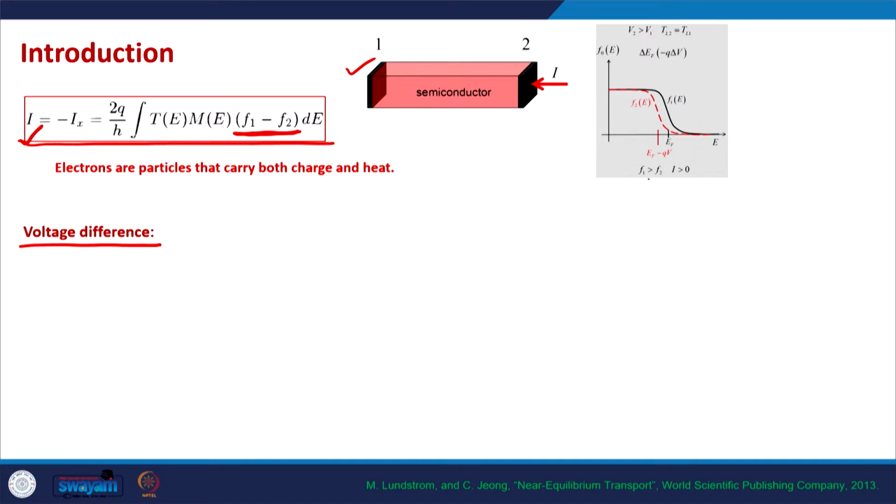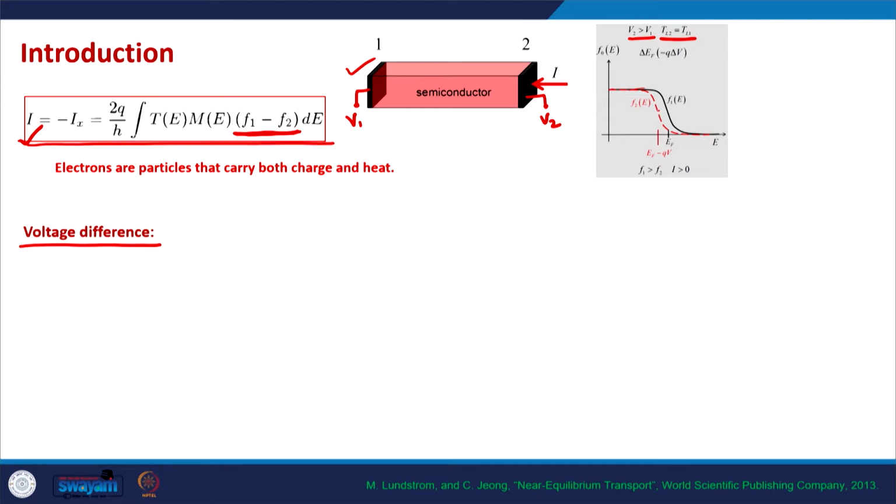In this case V2, the voltage on terminal 2, is greater than V1, the voltage on terminal 1, and we are assuming that the temperature on both terminals is equal. If V2 is greater than V1, then the Fermi level of contact 2 will go down, and the Fermi-Dirac distribution function on contact 2 will be shifted to the left this way.